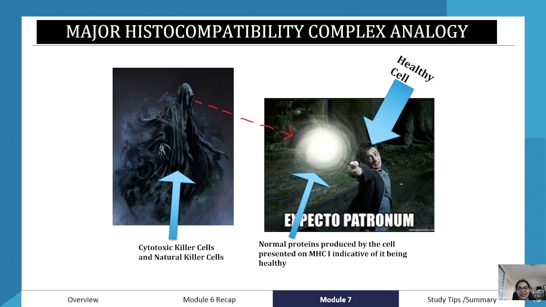Harry produces a Patronus to drive the Death Eaters away, and in this case, the Patronus is the normal proteins being used. Once the cytotoxic killer T cells notice that it's the normal proteins, and this is not an antigen-containing cell, they go away. So that's the role of the major histocompatibility complex. This is the analogy to help you understand it.